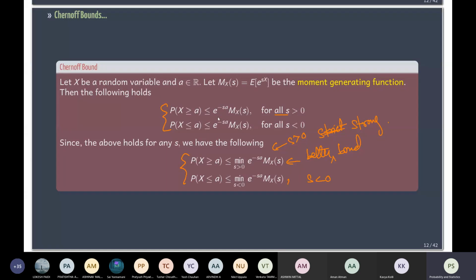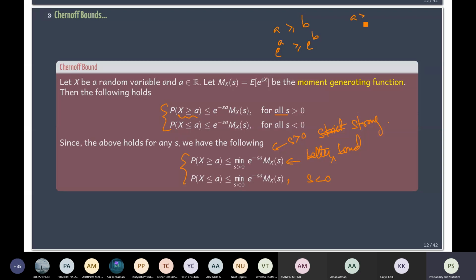Now the question is, how does this follow? This follows by just observing some facts. If you see this quantity, x greater than or equal to a, then I can raise it to the exponential power on both sides. So if a is greater than or equal to b, then e to the a is greater than or equal to e to the b.